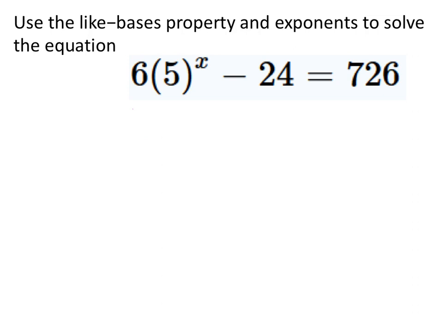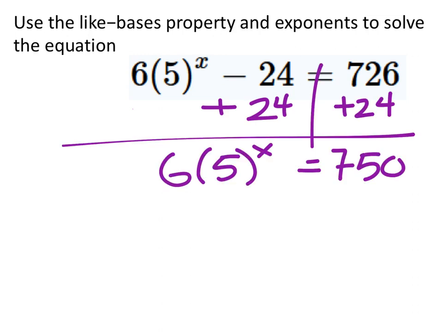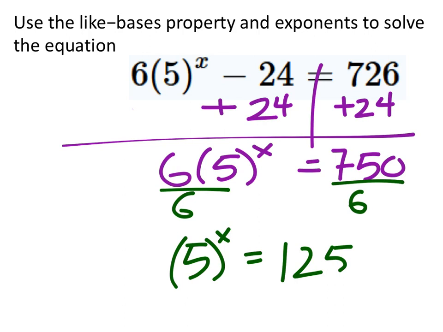What we need to do is manipulate this, so we'll add 24 to both sides. With that 6 times 5 to the power of x, we don't want the 6 multiplied by it, so we're going to divide both sides by 6. Seems like we've seen this before, right? So we can kind of skip the work on that.